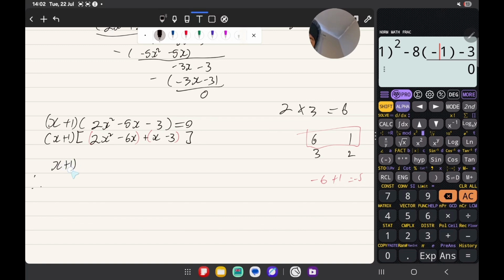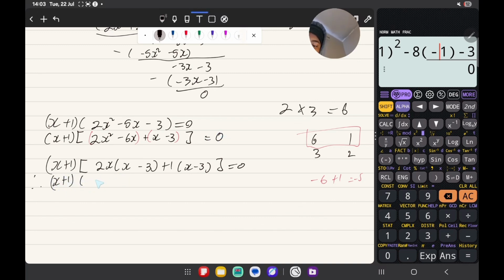x plus 1 here, you take out a common factor. Let me do my big bracket. You take out a common factor here, you have 2x, then you have 1, you have x minus 3. Here you can say you have x minus 3, then your big bracket equals 0.